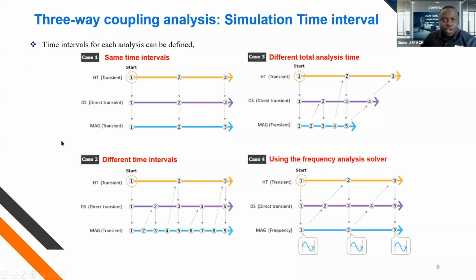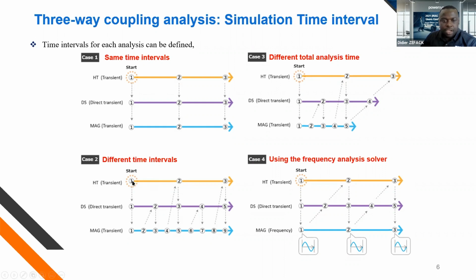The advantage of the coupling is that you are able to manage the simulation time. So you will have different possibilities. The simple way is to define the same time for each analysis. The next case is to define different time intervals.